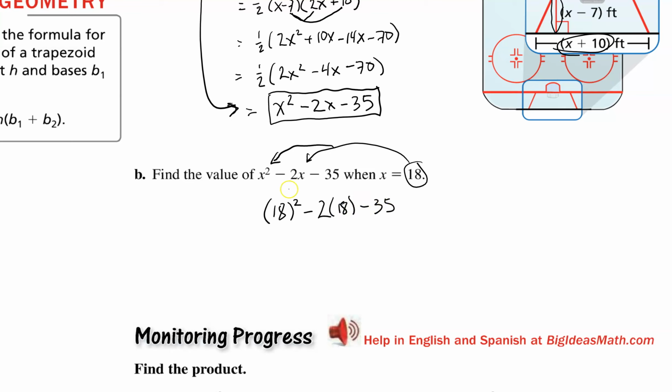And so 18 squared would be 324 minus 36, which is 2 times 18, and then minus 35. And when we work through that all, we get 253.